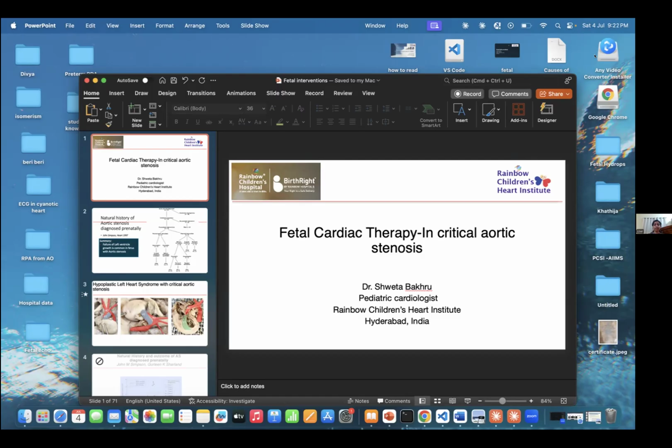And one more clue which I use, and I've learned from my training also, is in the 3-vessel trachea view, because as the doctor mentioned, the sagittal or parasagittal views may not be easy or possible all the time. In the 3-vessel trachea view, if your transverse arch is significantly hypoplastic, with very small Z scores, but you're not seeing a flow reversal from the ductus, then I will keep my first differential as interruption.